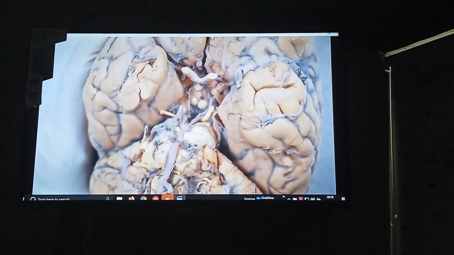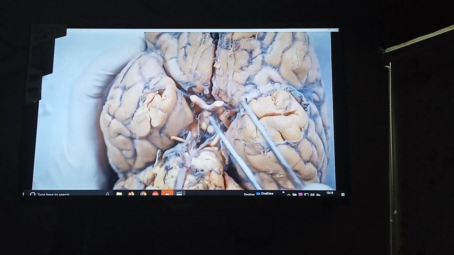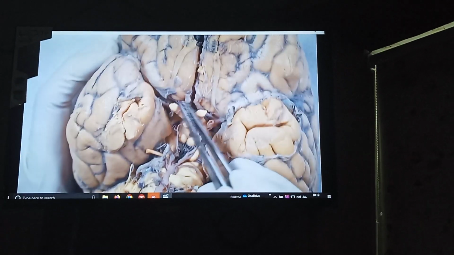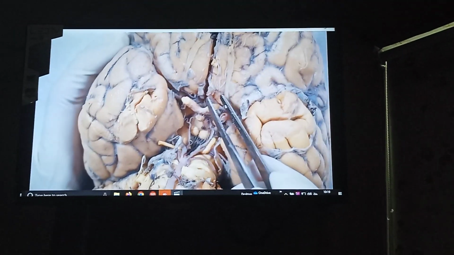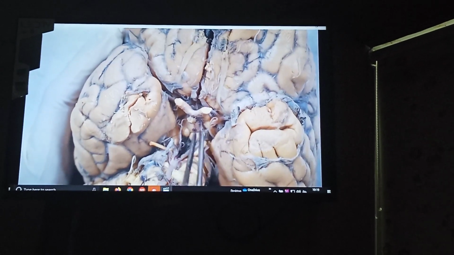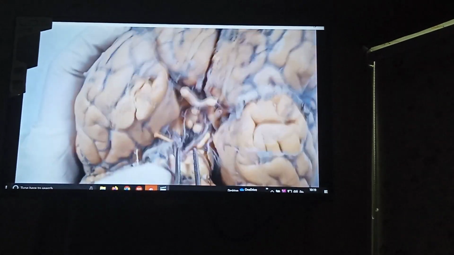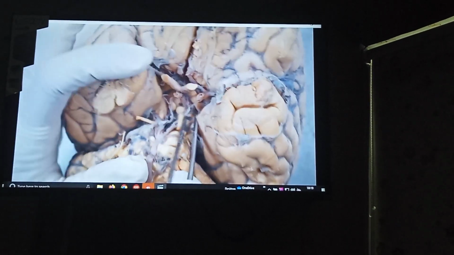Once you have completed the circle of Willis, you should look at the other structures that are seen. So just to quickly go through, this will be the optochiasmatic cistern which surrounds the optic chiasma. This will be the interpeduncular cisterns, because on either side you can see the crus cerebri or the cerebral peduncles.